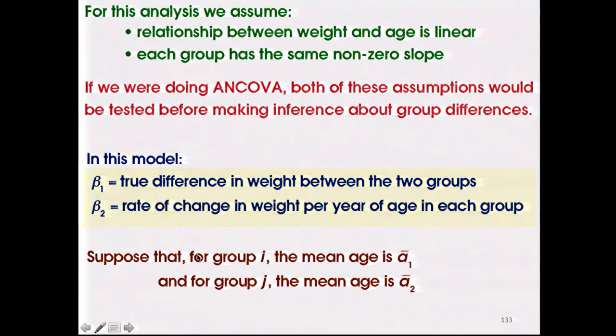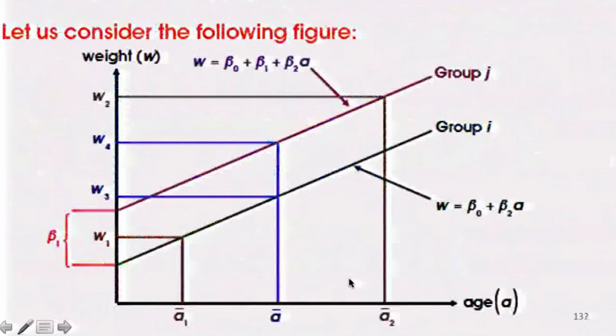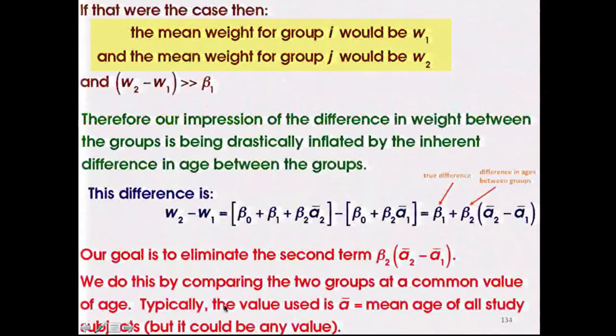But let's suppose that the females in our case had mean age A bar 1, and the males had a mean age of A bar 2, as we saw here. The males had an age which was much bigger than the females. If that's the case, then the mean weight for the females would be W1, and the mean weight for the males would be W2.